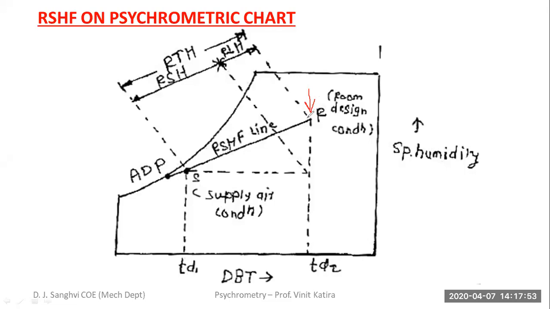Then this point is going to represent that. That becomes your room condition. And the loads inside the room, which you will be evaluating, that is the total sensible load and the total latent load. On the basis of that, you will get the RSHF number.